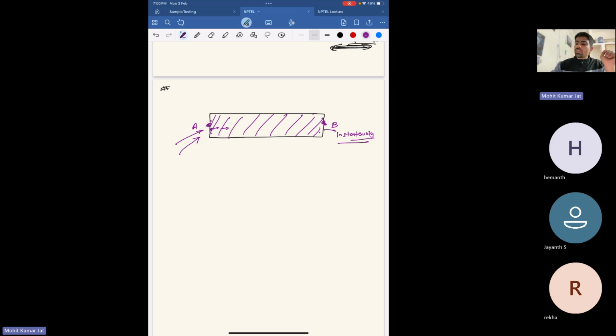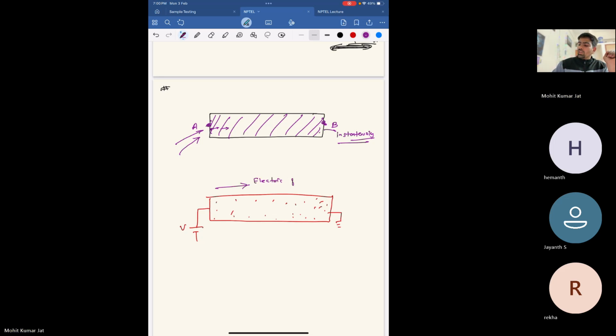But what actually goes on in the system is that you have this tube filled with electrons. These are my free electrons. As soon as you apply voltage V, remember, you are applying an electric field under the influence of which the electron moves.